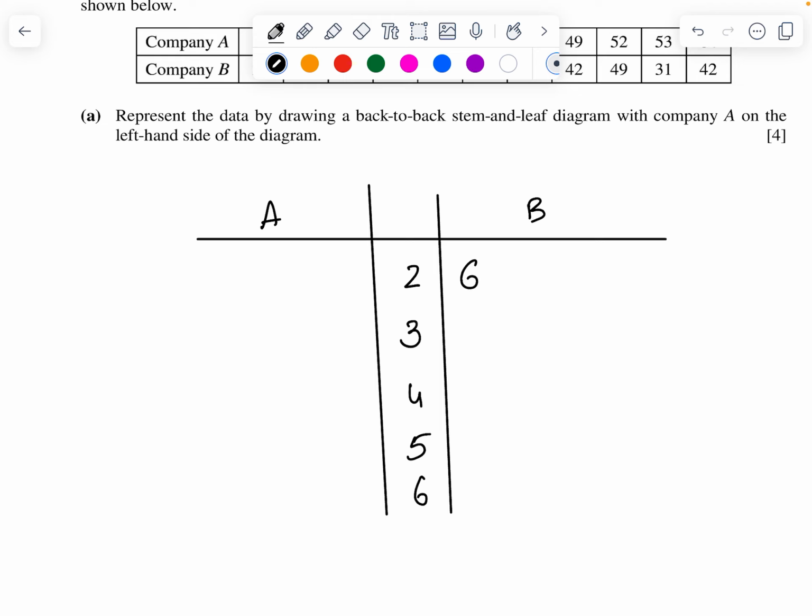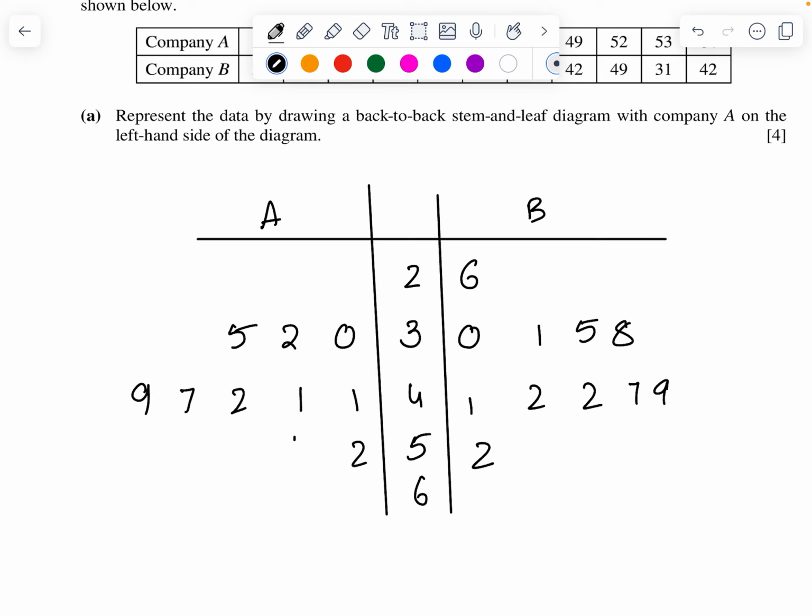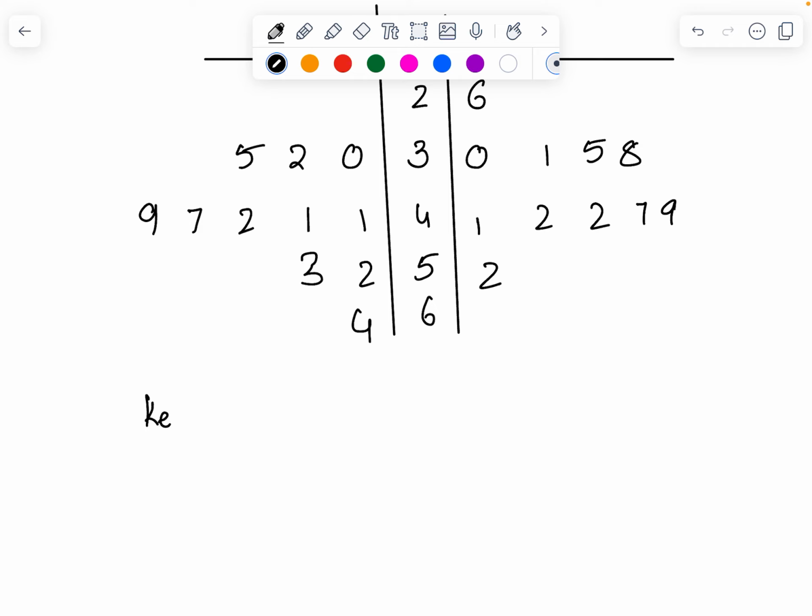For B first: 0, 1, 5, 8, 1, 2, 2, 7, 9, 2. For company A: 0, 2, 5, 1, 1, 2, 7, 9, 2, 3, and 4. Don't forget to write the key.